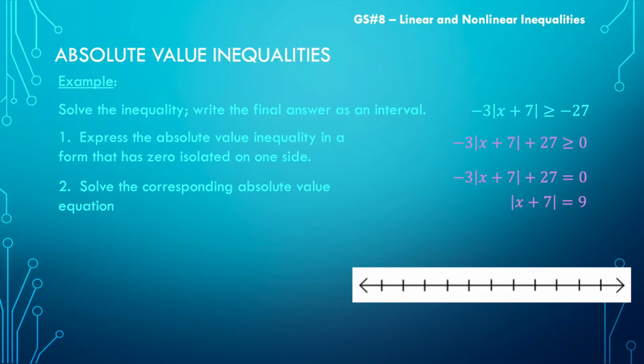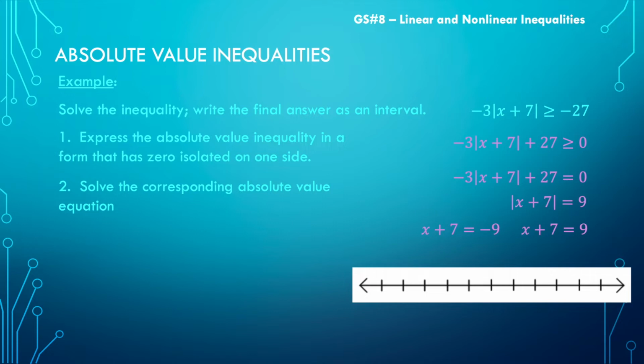Now, remember that we've isolated the absolute value expression. We now write this as two different equations without the absolute value bars, where the constant is both plus and minus. So we have the equation x plus 7 is equal to -9 and x plus 7 is equal to 9.